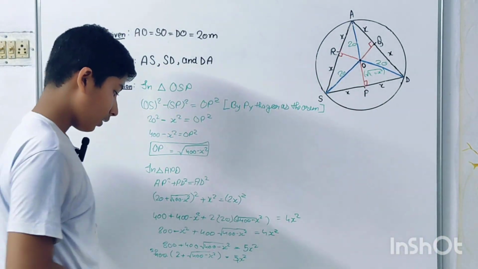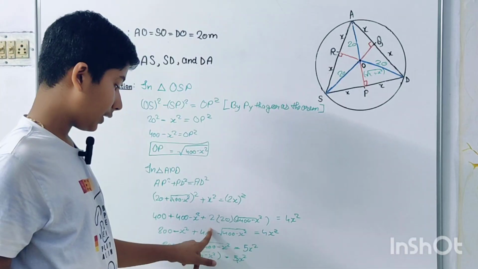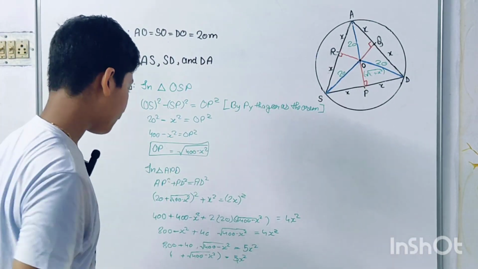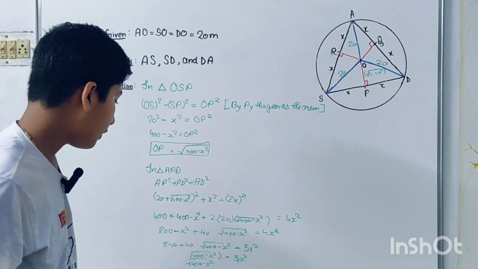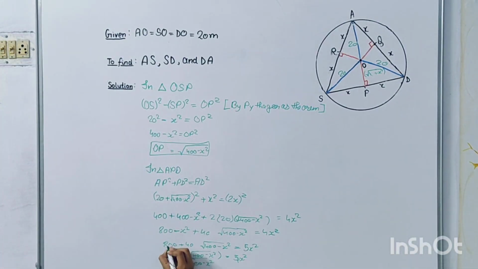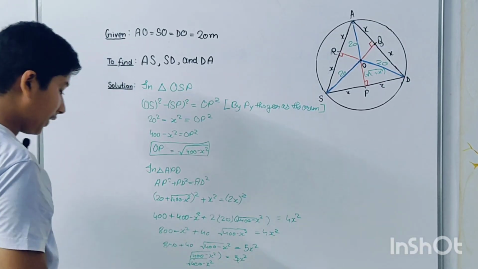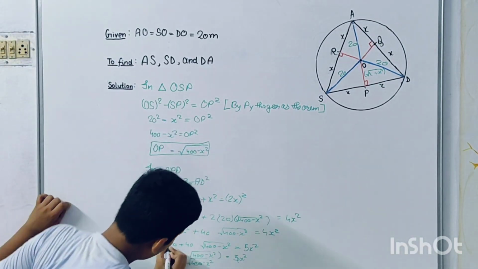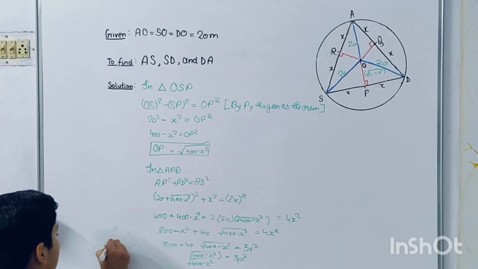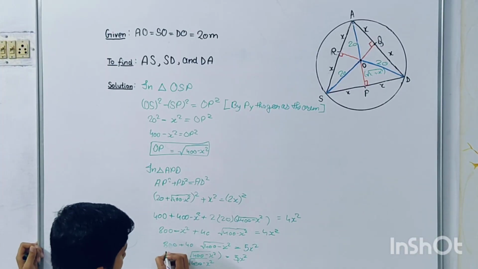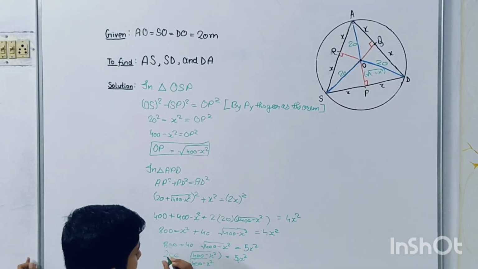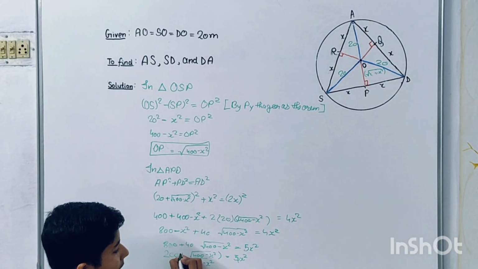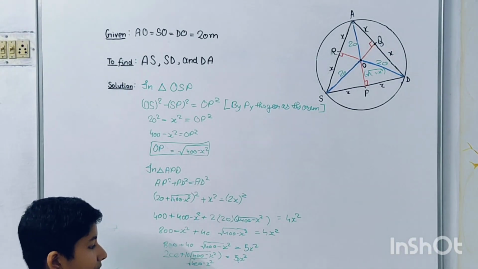Now this would not be 400, it would be 40. We can continue like this: this is 800, this is 40. So what can we do? This would be 200 plus this would be 10 root.